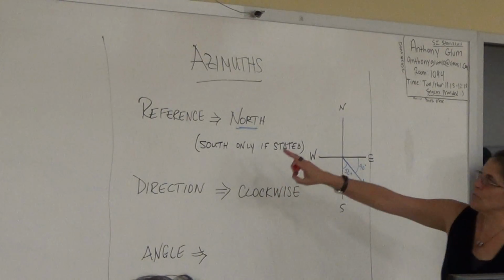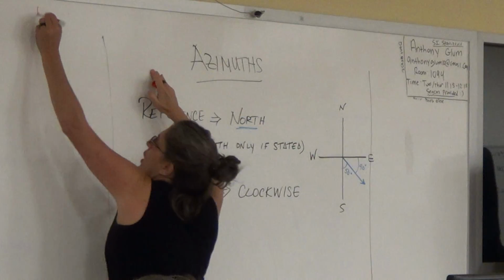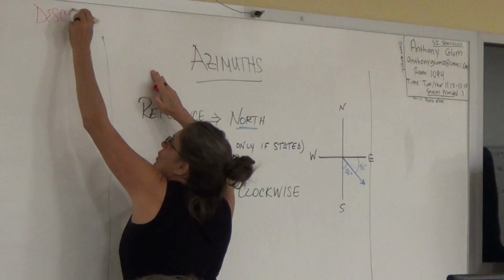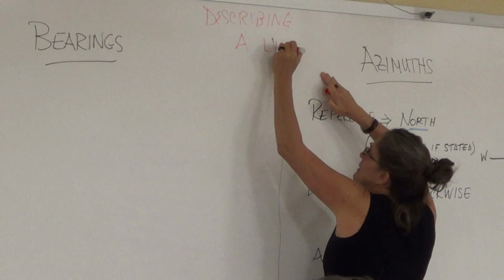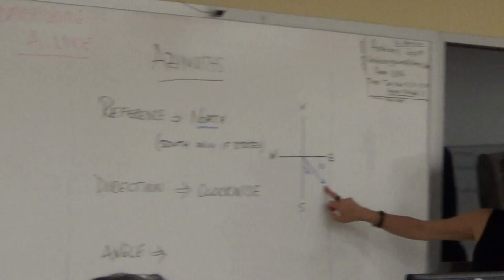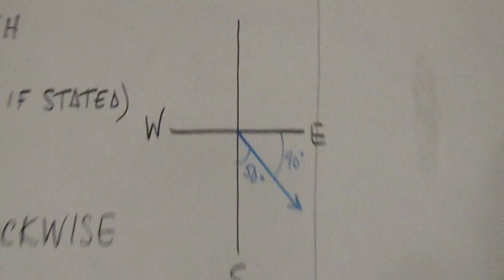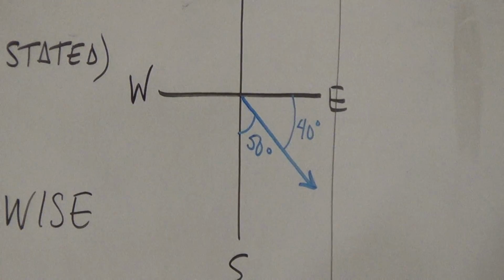So what you're doing here, you're describing a line. The line we're describing right now is this blue line. So for an azimuth, what's the line of reference? North.